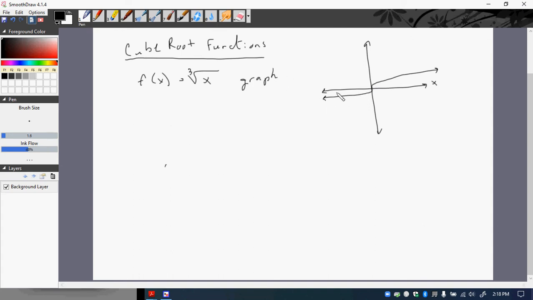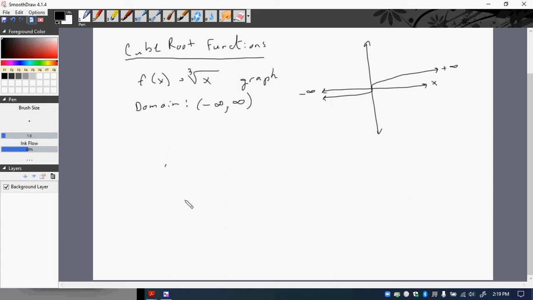And so this is the setup. If I wanted to know the domain of this particular function, then the interval notation would be from negative infinity to positive infinity. So it's all real numbers. So parentheses, negative infinity to infinity. Okay, and so this is how it typically behaves.